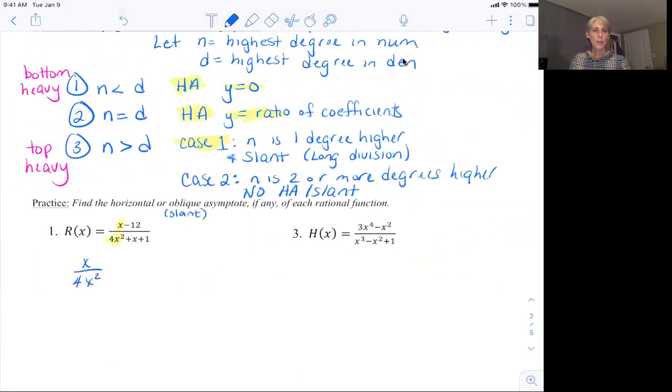Now I'm simply going to look at their powers. When there's no power there, it's x to the first. Which number is bigger, the top or the bottom? So the bottom is a bigger number. The denominator is bigger. I call it bottom heavy. There's no work involved. When it's bottom heavy, it's a horizontal asymptote and it's y equals 0. That's it.